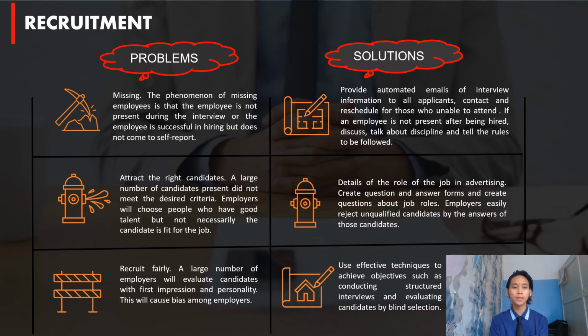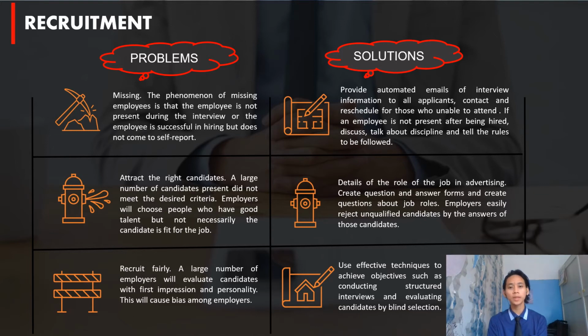Okay, next, the second problem is attracting the right candidate. How to attract the right candidates? A large number of candidates present did not meet the desired criteria. Employers will choose people who have good talents but not necessarily candidates who are fit for the job.